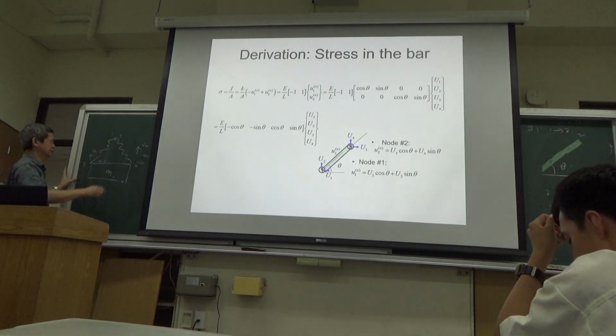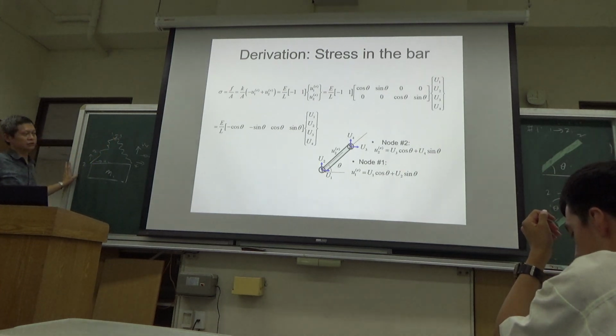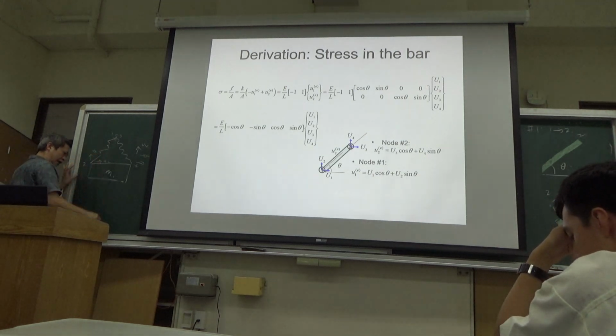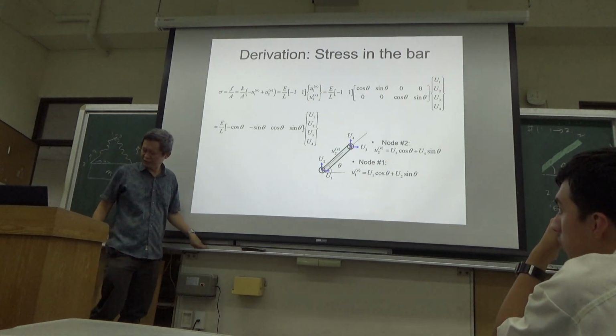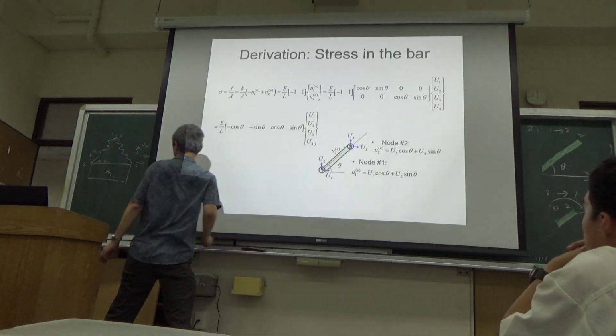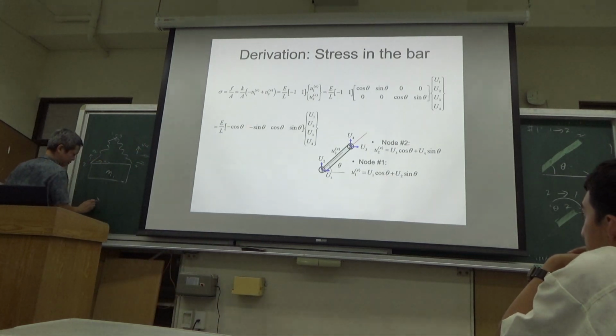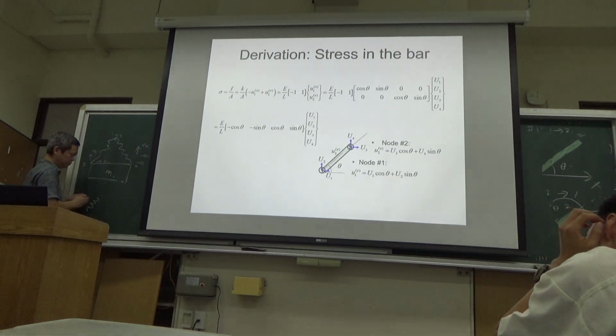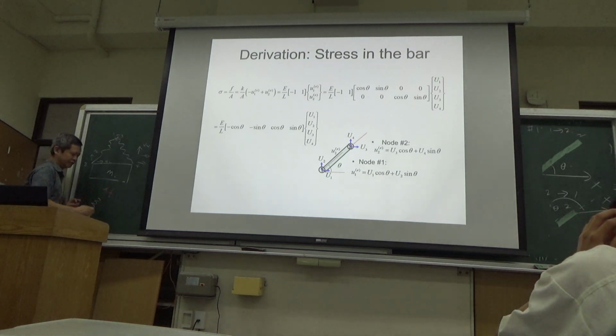Okay? And it just happens that 1 is 3. So how much is the axial force acting on this piece of the spring? You make a cut of the spring, then you're going to have axial force.